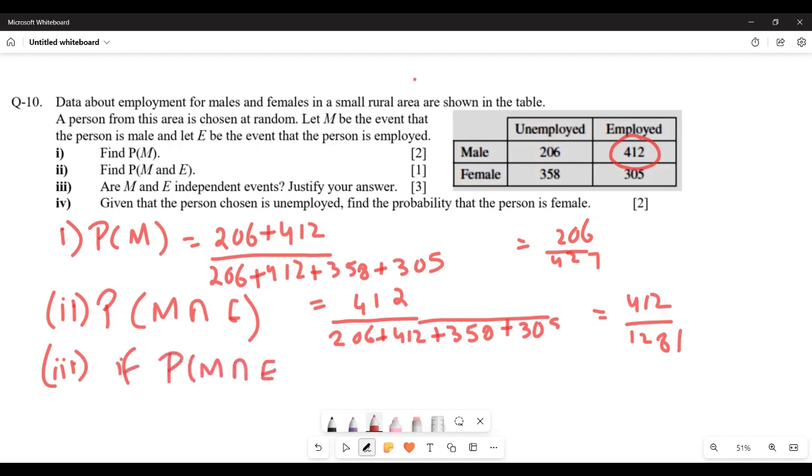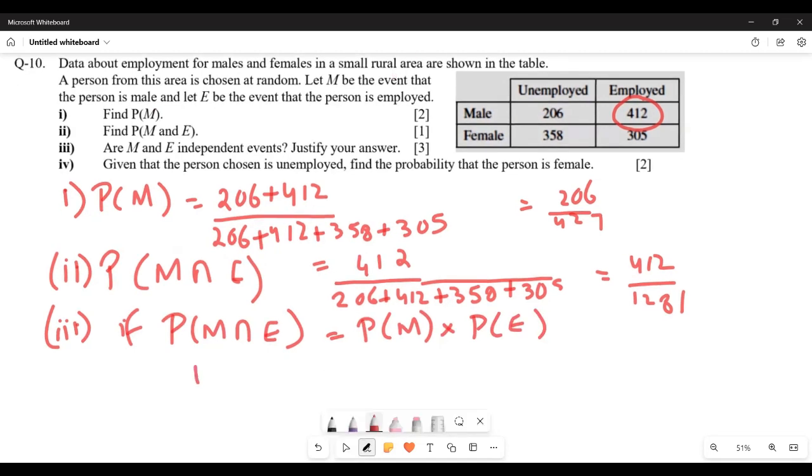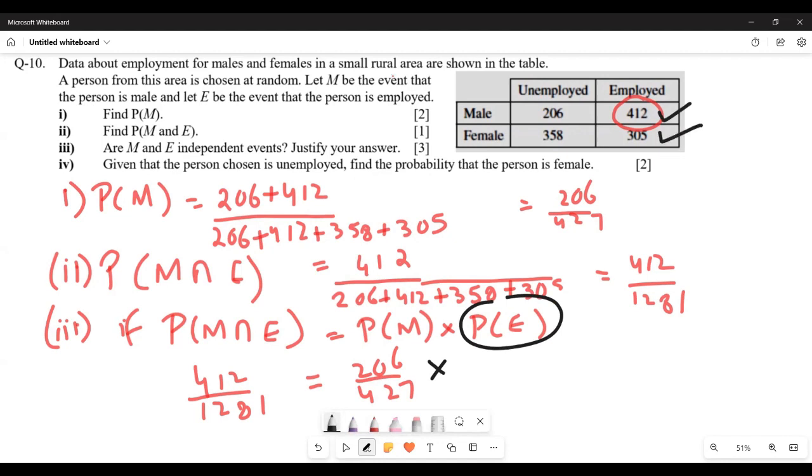Probability M and E should be the same as probability of M times probability of E. So let's see if that's true or not. यहाँ पे तो आ गया 412 upon 1281 equals probability of M is 206 over 427 already found here, and probability of employed people would be, ये क्या होगा, this would be total employed हमारे पास कितने 412 plus 305, और डिनोमिनेटर में we have 206 plus 412 plus 358 plus 305.